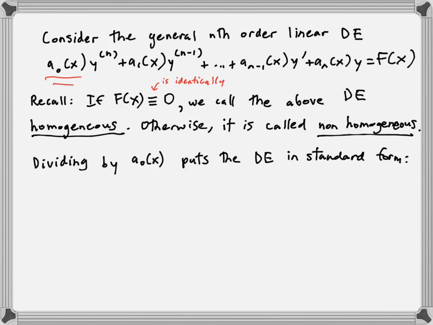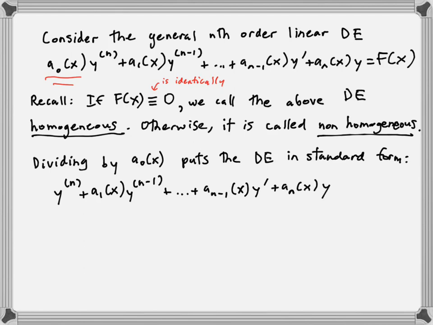So what's standard form going to look like? It's the nth derivative of y plus a1 of x times the n minus first derivative, plus and so on, up to y prime plus a n of x times y is equal to f of x.